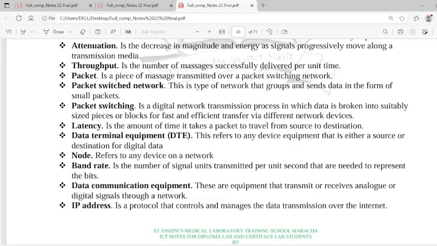Let's say the packet is you, moving from the source, Arua, to the destination, Ovujo. The time taken for the data to travel is latency.